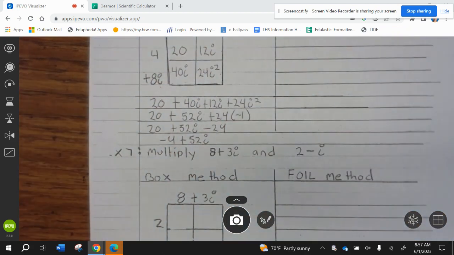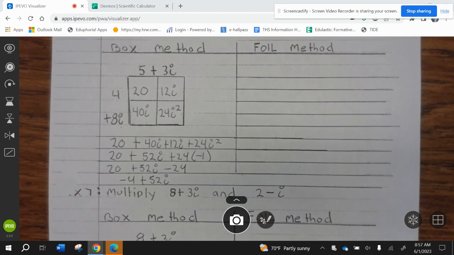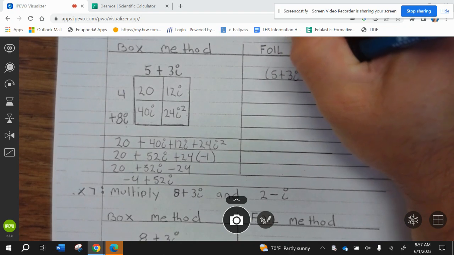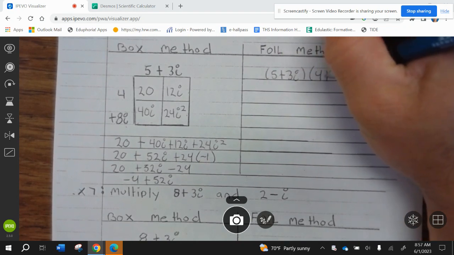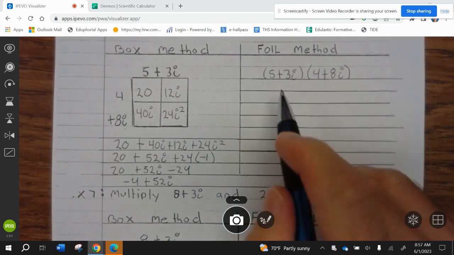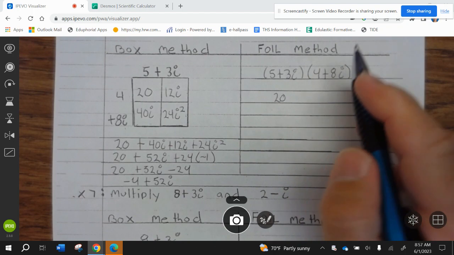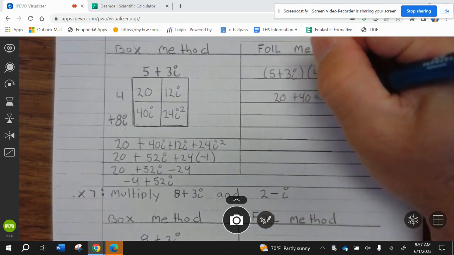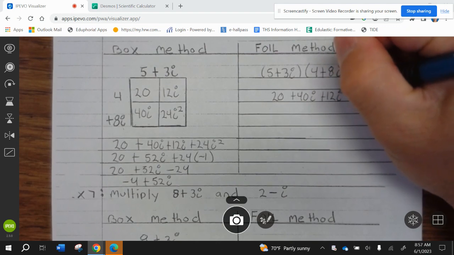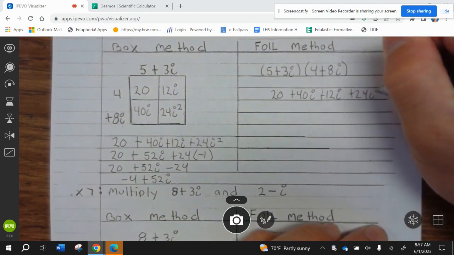All right. Now let's use FOIL. So we have 5 plus 3i times 4 plus 8i. 5 times 4 is 20. 5 times 8i is plus 40i. 3i times 4 is plus 12i. 3i times 8 is plus 24i squared.